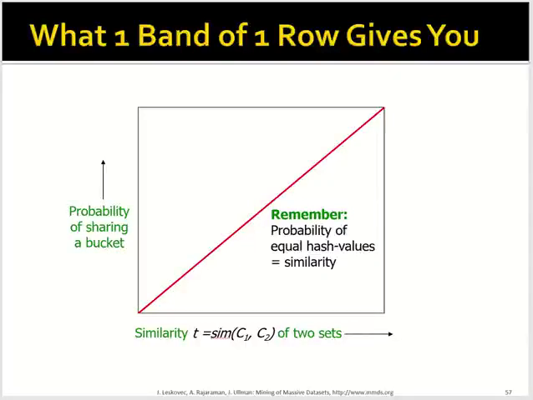Shall we start from the simplest instance? What if a matrix has only one band and one row? We get this linear function in the figure. The probability of sharing a bucket increases linearly with the similarity of column 1 and column 2.